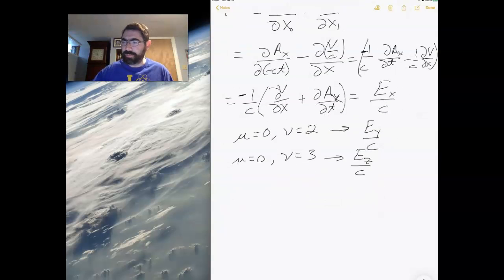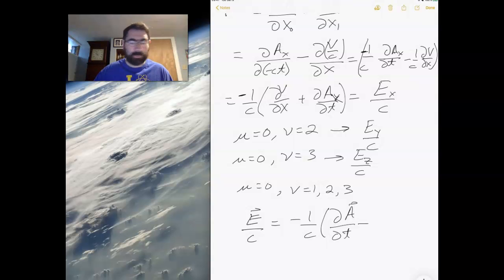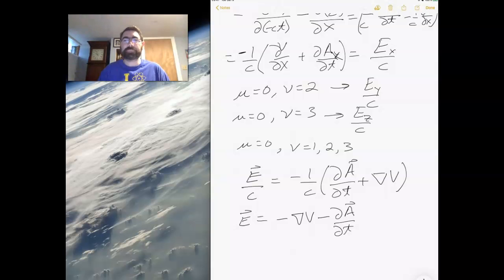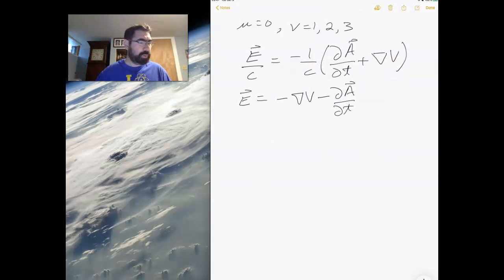And so if you use all three of those, if mu is equal to 0 and nu is 1, 2, and 3, then what you get is the electric field over c is equal to minus 1 over c dA/dt plus the gradient of V. So in the end, you get the familiar equation that we've used many times before, E equals minus the gradient of V minus dA/dt.